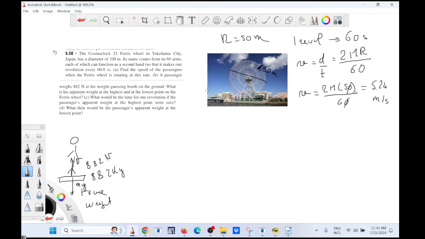So now the wheel is working, and here, what's going to happen at the highest point? So now the passenger is here. That's the passenger here.